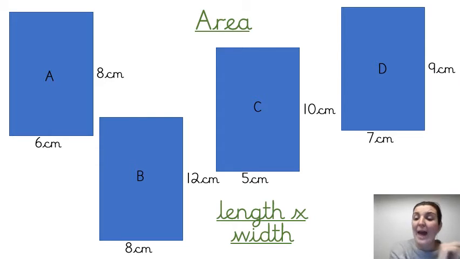So if you look at A on the screen, the way that I would work that out, and you can see this written on the slide, is length times width. So I would do 8 times 6. So my answer would be 48 centimetres squared. So remember, squared is a little 2 next to the centimetres. So that's how I would work out A: length times width, 8 times 6.